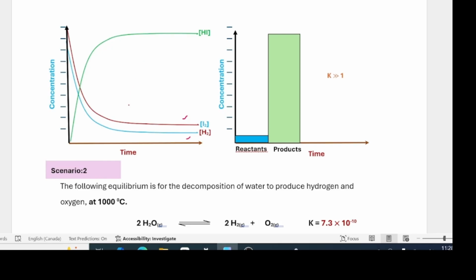Of course, these things are not drawn to scale, so forgive us for that. Using bar graphs also, we can show how the product here predominates and you only have a small amount of leftover reactants here. In such a case, we say K is very much higher than 1.